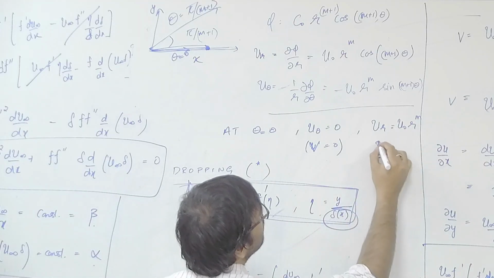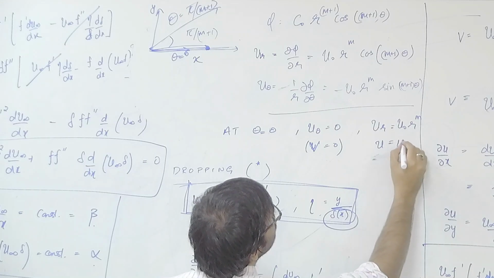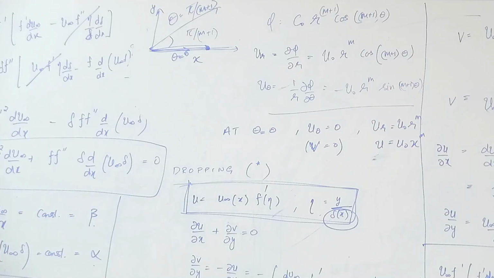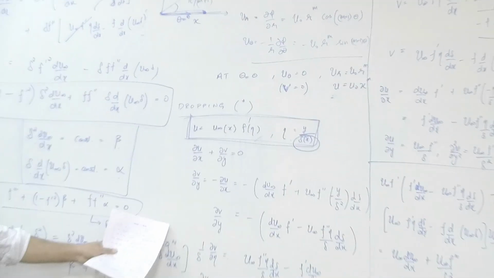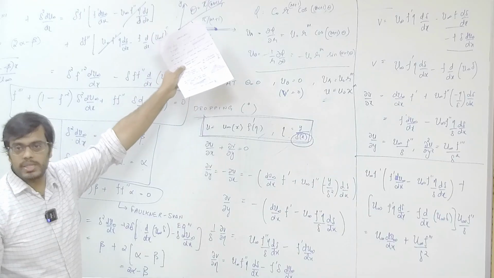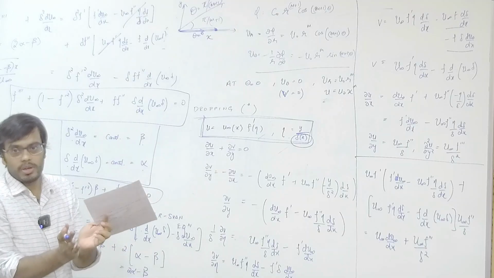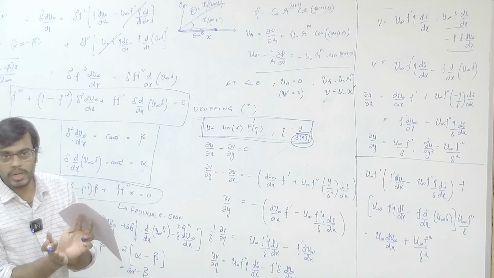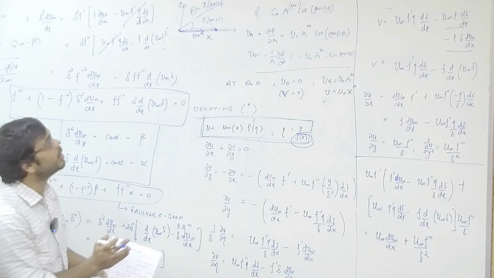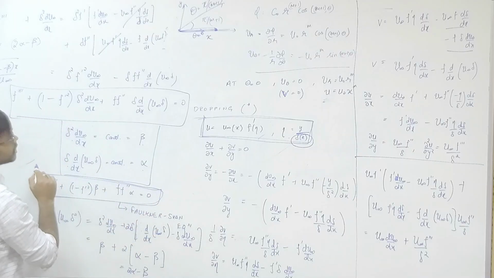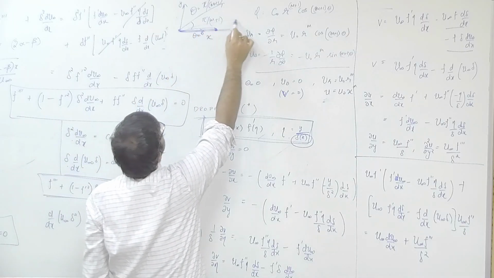So this is basically u equals some u naught x to the power m. So essentially what we have found in Faulkner-Skan boundary layers is, sure, we found this inviscid solution. What about the boundary layers along these walls? Because in actual flows you will have a boundary layer also close to the wall. So we have in a way found the equation for the boundary layers here.